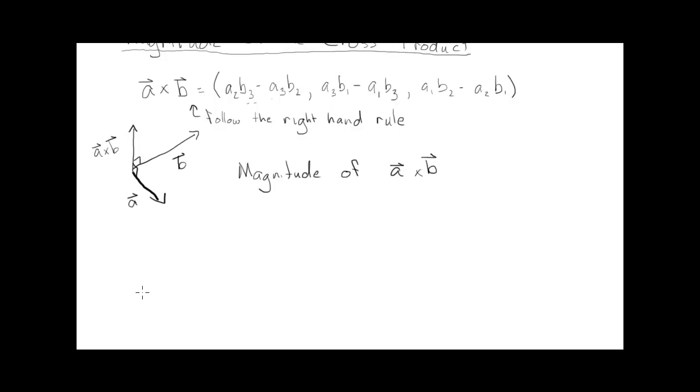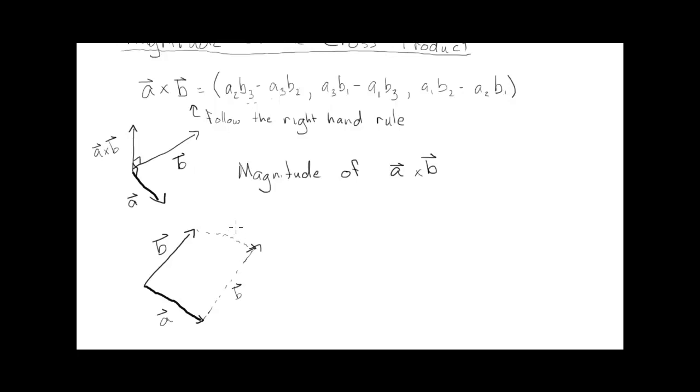Let me draw A and B again. So A is there, B is there. Well, we know you could then form the parallelogram.